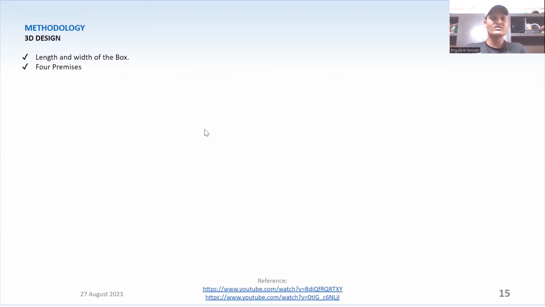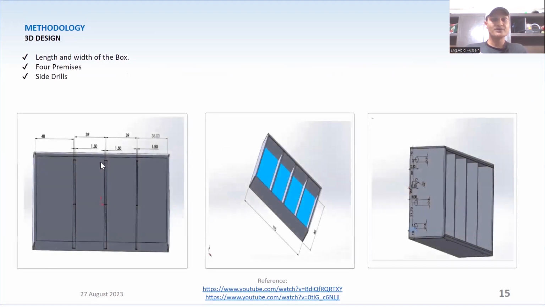So the methodology also consists of the design in SolidWorks. Before designing the medication box using SolidWorks, and before printing the 3D design, you have to consider the following parameters: length and width. The length of my box is 180 mm and its width is 85 mm.